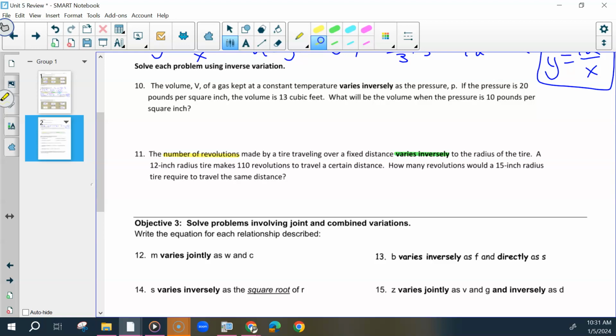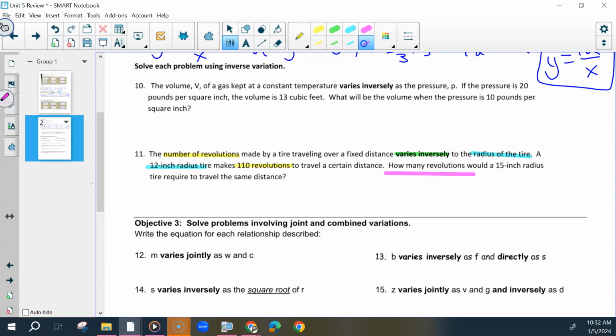Radius of the tire. Right, and then what else? 12-inch radius. 110 revolutions. How many revolutions is what we're looking for? 15-inch radius.